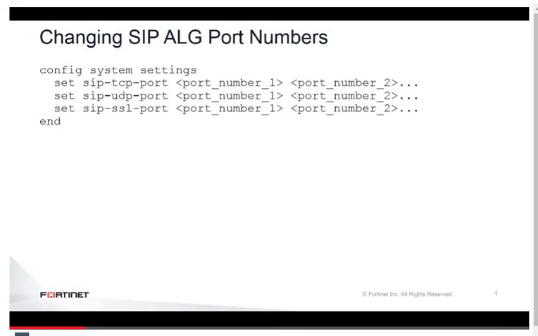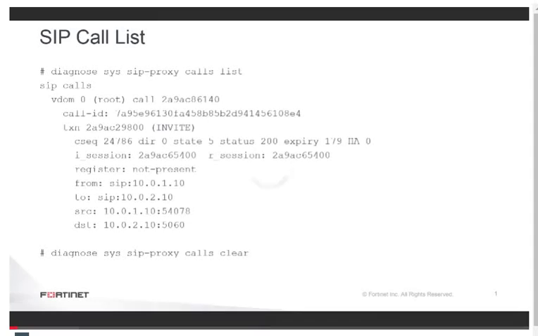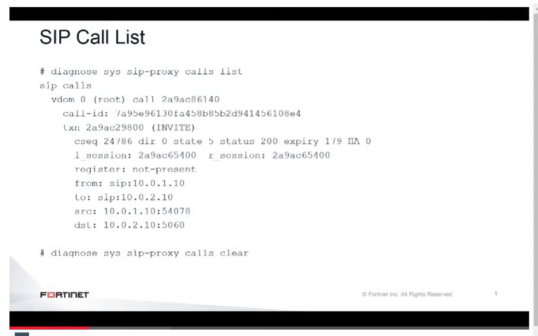These are the commands you use to change the ports for the SIP ALG. The SIP ALG supports SIP over UDP, SIP over TCP, and encrypted SSL SIP. The command diagnose sys sip proxy calls list displays all the active SIP calls.